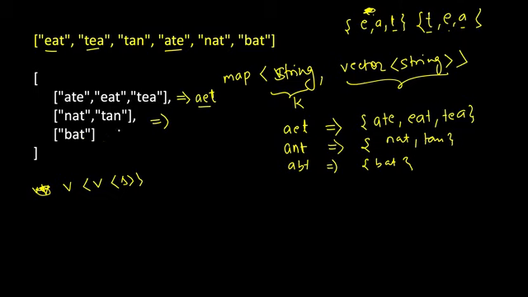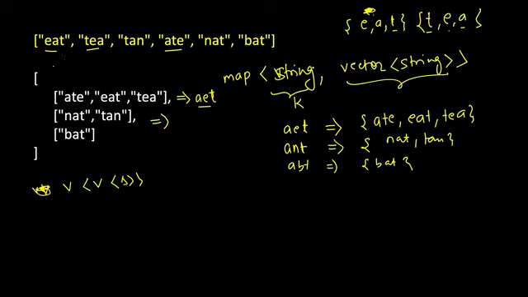What we can do is start iterating the original input array that we have. In the first iteration, our iterator will be pointing to this EAT. So we will sort this, we will get AET, and then insert this into the dictionary. If it's already inserted, we will just push back to it.